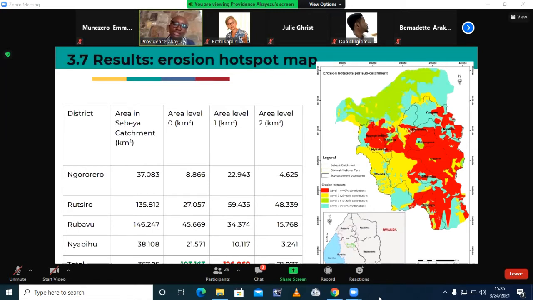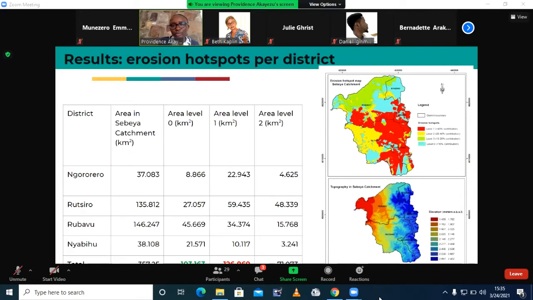And we see much red color in Rutsiro and Rubavu, which ideally corresponds to the much steeper slopes of the catchment.